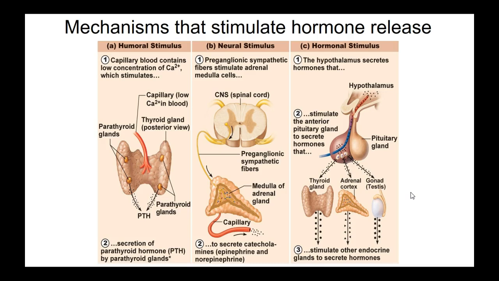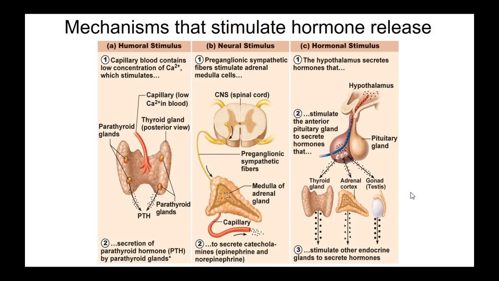Now, what kicked off this whole parathyroid hormone release is that there are blood vessels, capillaries, that the parathyroid tissue is in close contact with, so it can sense whether blood calcium levels are low. So it has a sensor and can also respond.